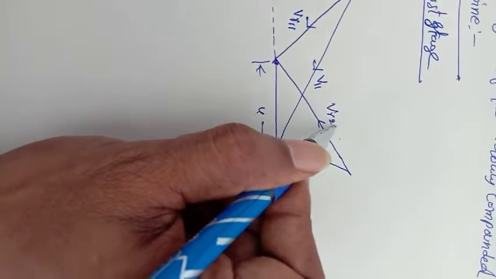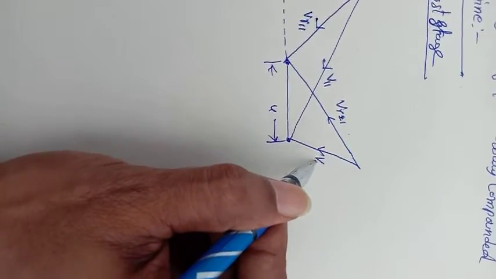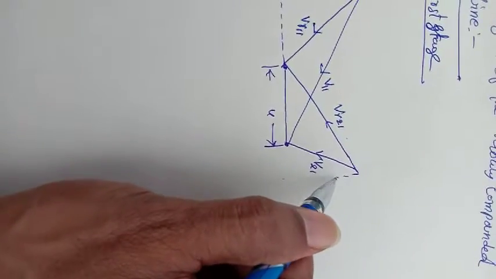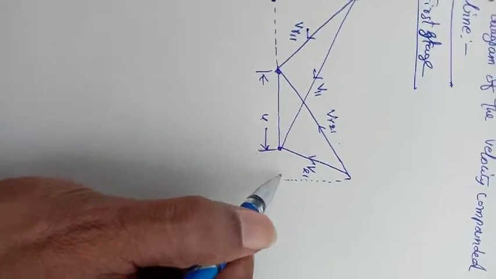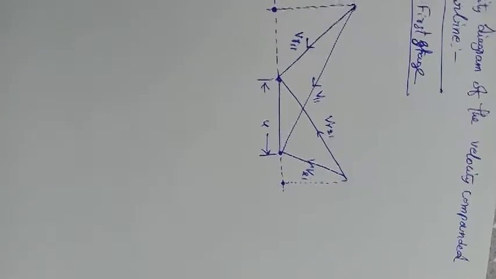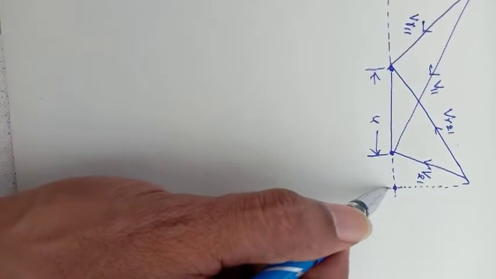So V2, 1 is the first stage, and then here this is the flow velocity.